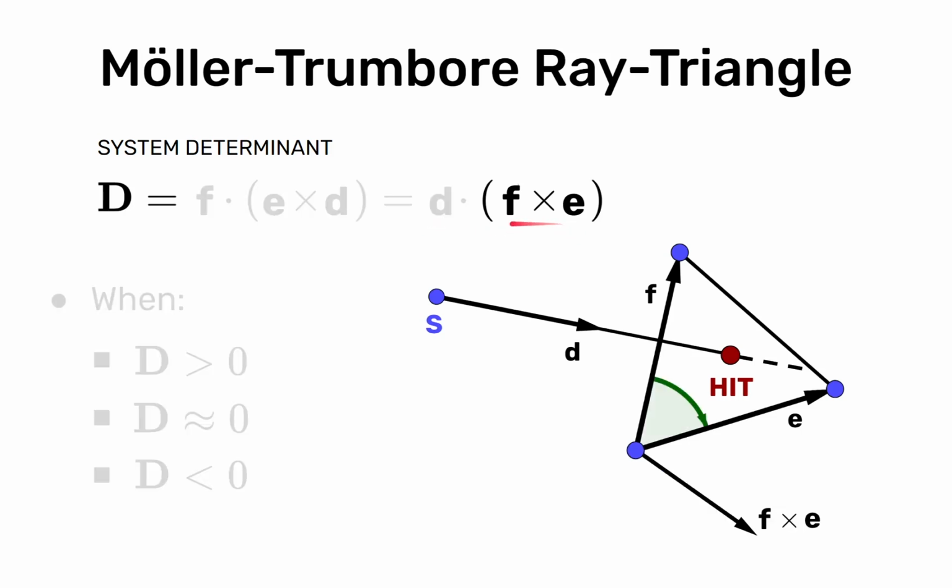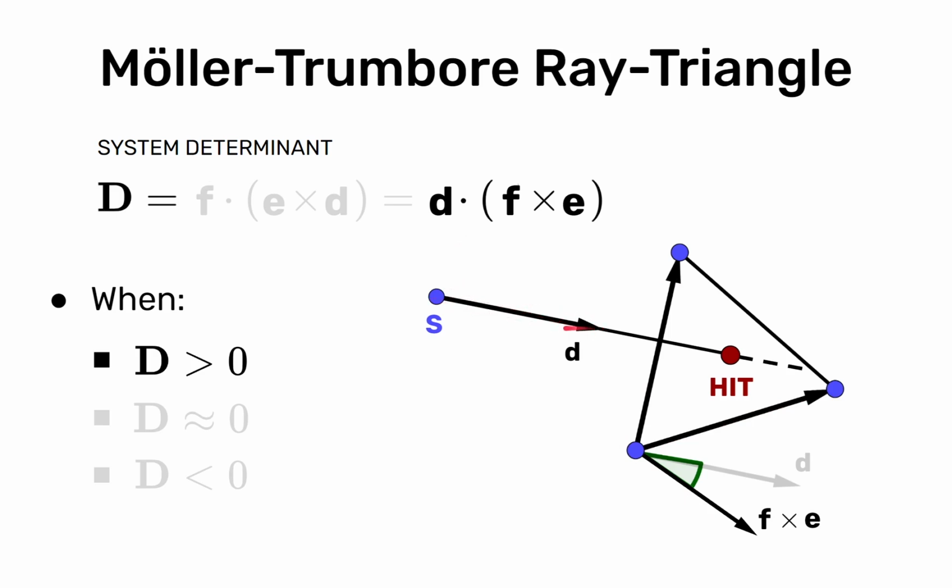Now this cross product between f and e on a right-handed coordinate system is going to give us a vector that is pointing this way, because our angle here is a clockwise angle, so it will be pointing away from us. And now we're taking the dot product between this cross product of the vectors from the triangle and the direction vector from our ray.